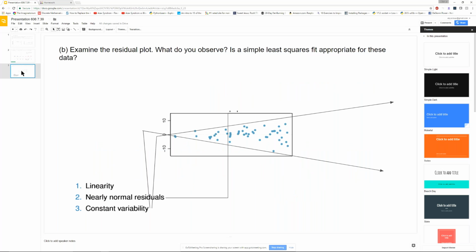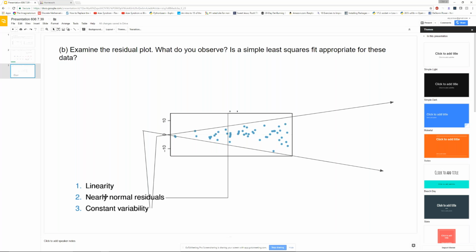The B question, examine the residual plot. What do you observe? Is a simple least squares fit appropriate for these data? There are 3 requirements for it. There's linearity, nearly normal residuals, and 3, constant variability. So I believe this is quite linear in that it is going in one direction. Do we have nearly normal residuals?